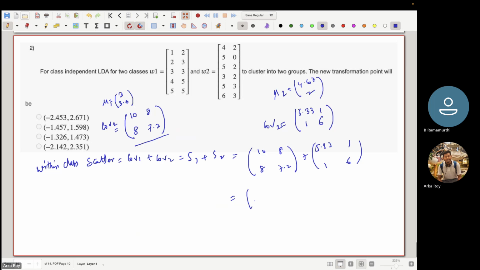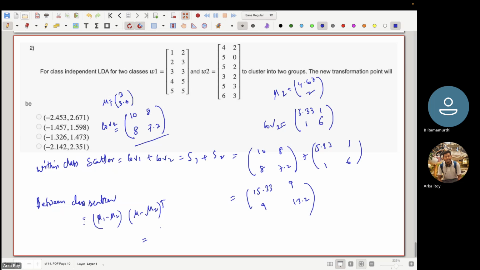Then between class scatter is equal to mu1 minus mu2, mu1 minus mu2 transpose.